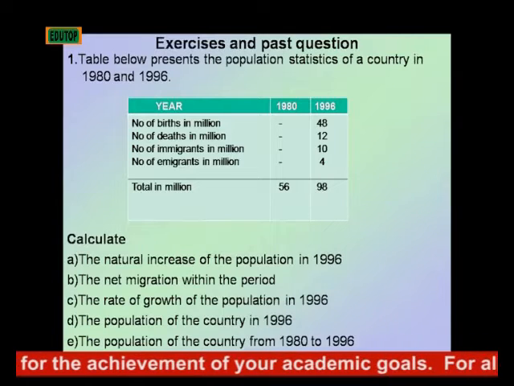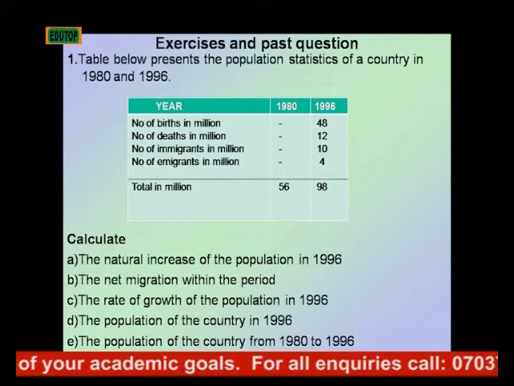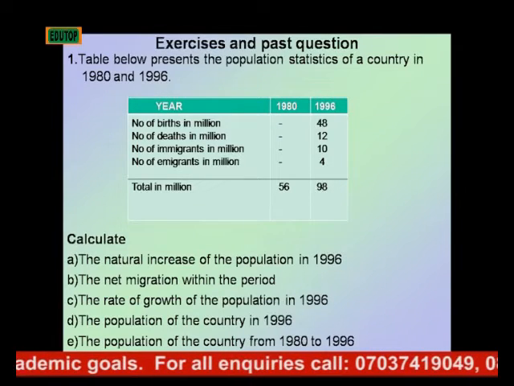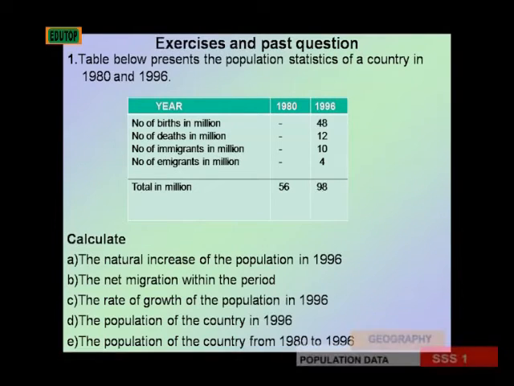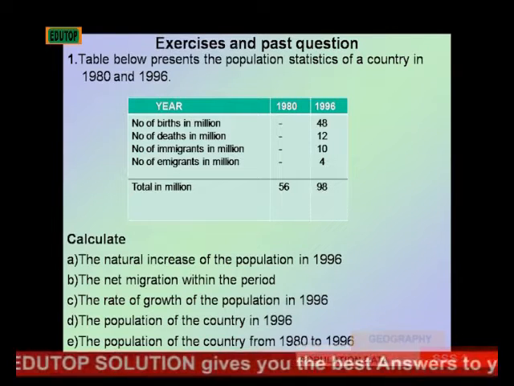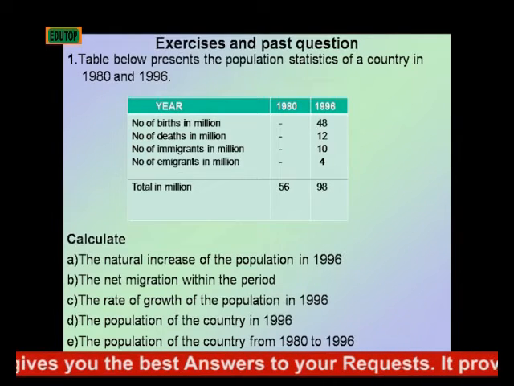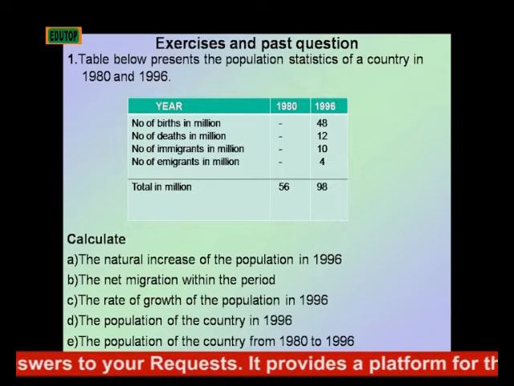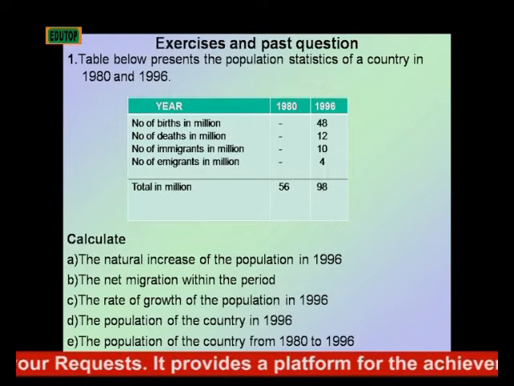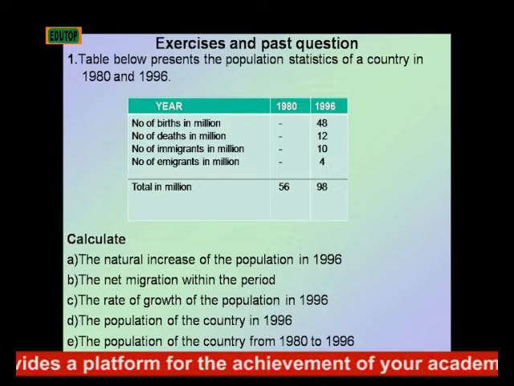Now the question is, from the table, calculate the natural increase of the population in 1996. Number 2, calculate the net migration within the period. Number 3, calculate the rate of growth of the population in 1996. Number 4, calculate the population of the country in 1996.